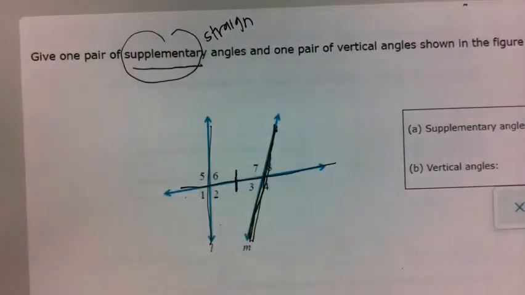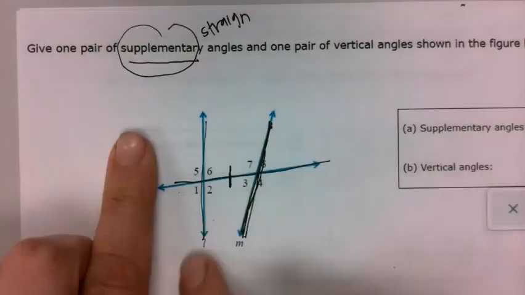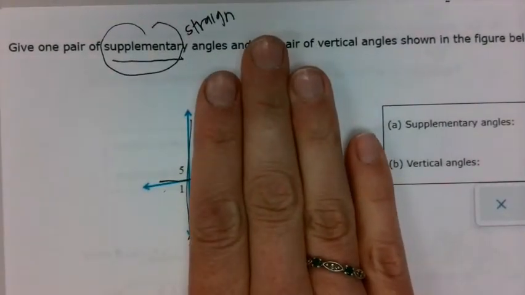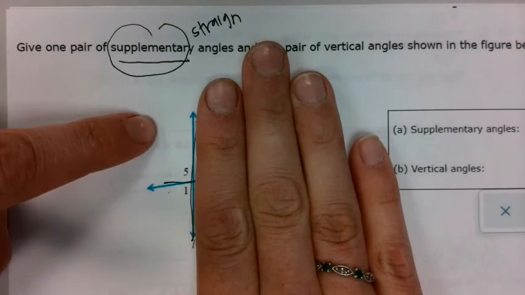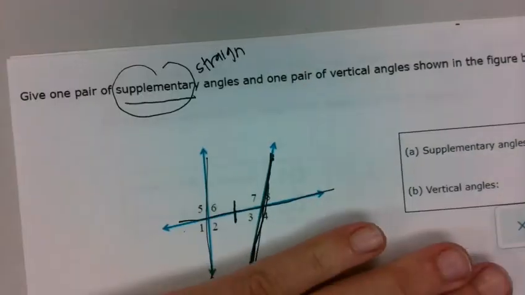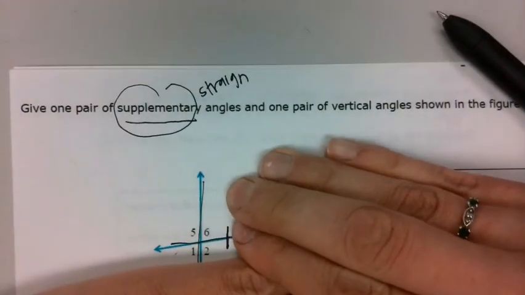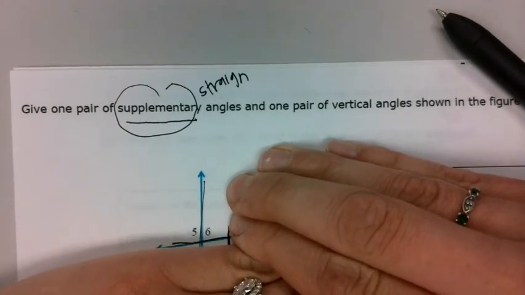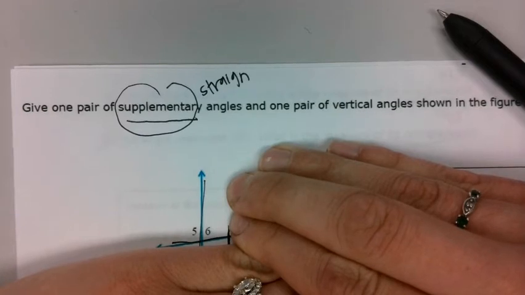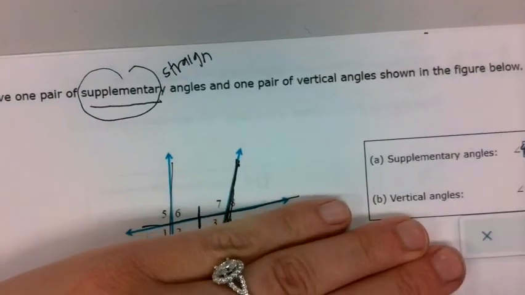Okay, I could use this straight line and ignore everything else in my diagram. So what's another pair of supplementary? 1 and 5. Or I could ignore everything but this part of my straight line, and a pair of supplementary angles that make up that straight line would be 5 and 6. And there's a lot of them, so just pick one.